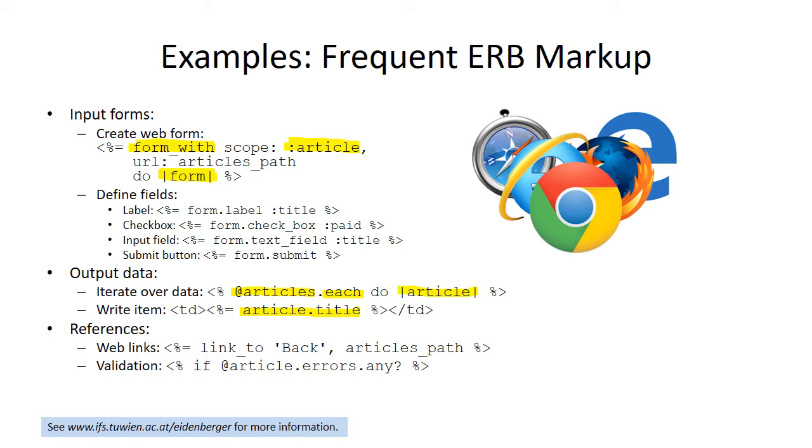Two things. A back button could be implemented like this, for example, and validation, which you have to implement, can simply be done with an if clause, giving the instance variables, checking for their errors, and if there are any in the response, you can implement some intelligent handling mechanism, which you should do, and you will see when we come to the requirements.